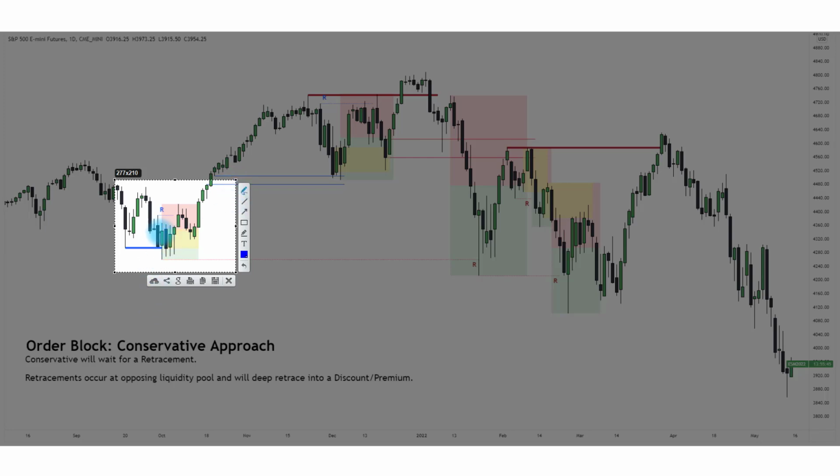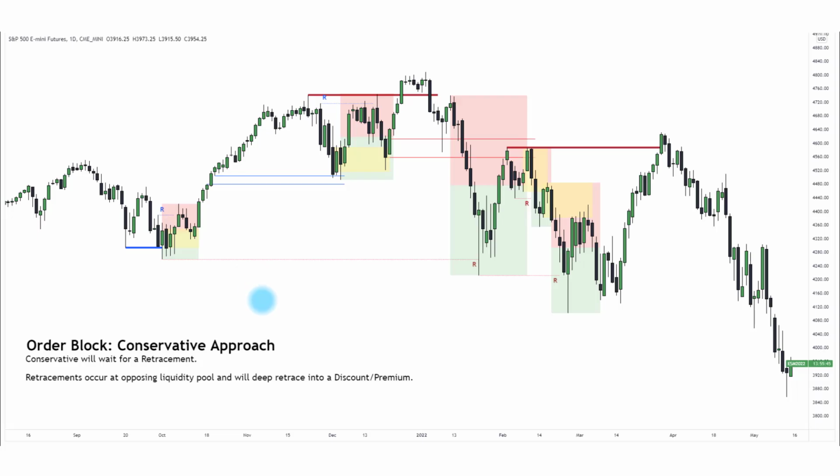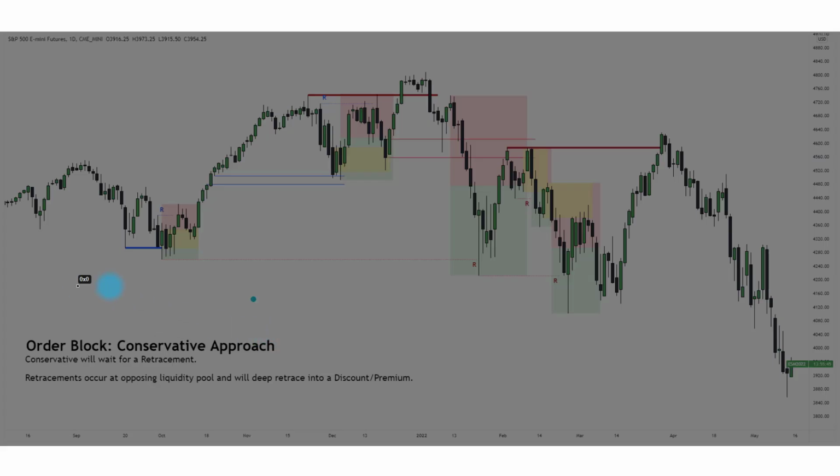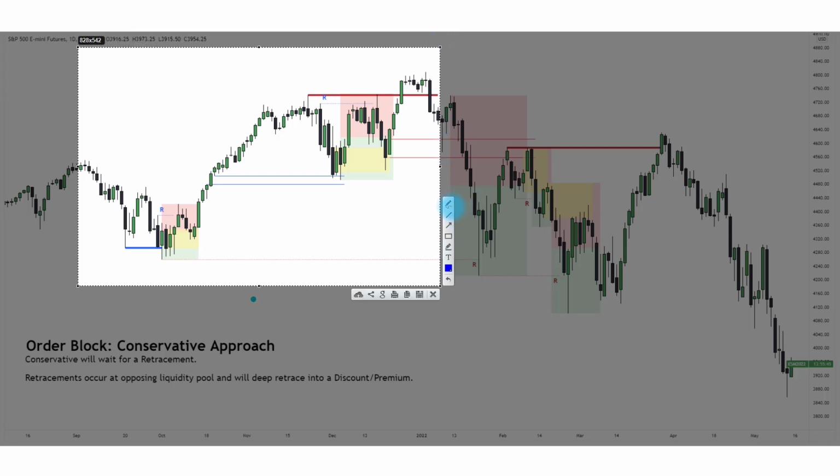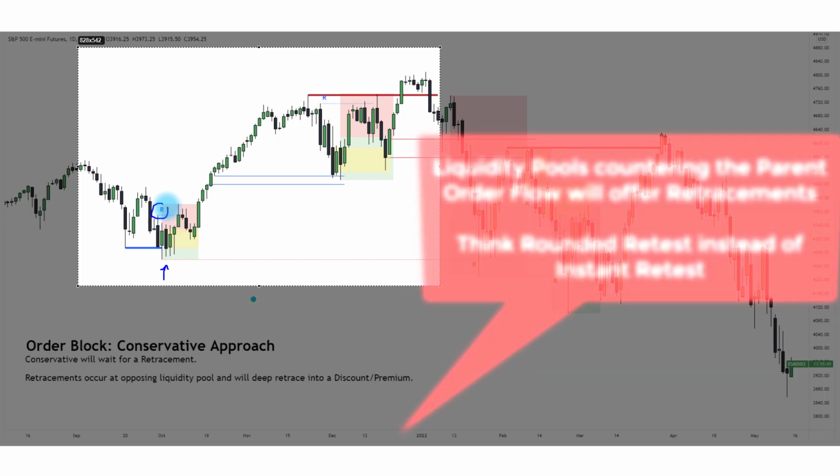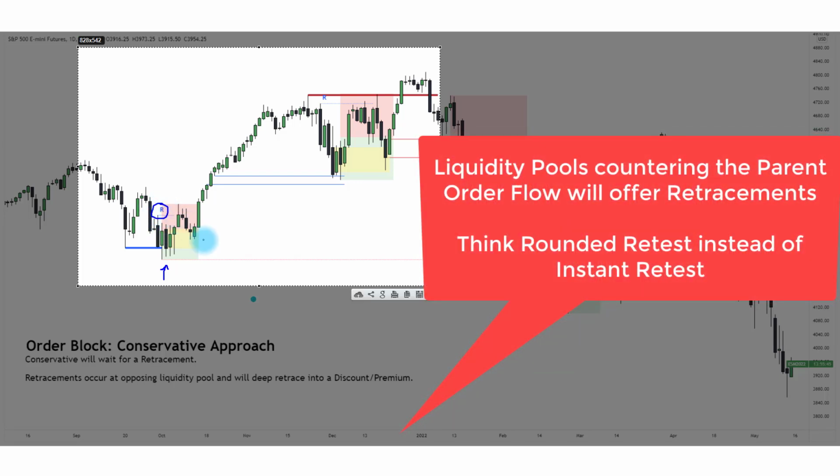So here, we're expecting an order block to form because this is bullish institutional order flow right here with the long-term low here. So we're expecting all down candles to hold as support. The conservative way of trading an order block is waiting for price to take out an opposing liquidity pool because that will offer retracement.